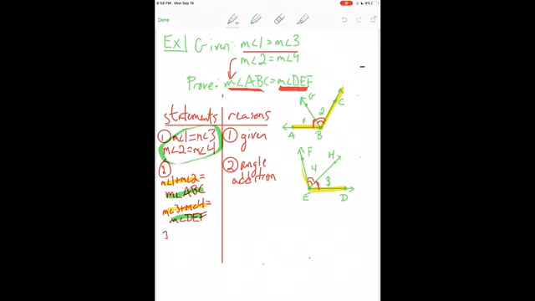All right, so step 3, I can say those are equal to each other. Measure angle 1 plus measure angle 2 is equal to measure angle 3 plus measure angle 4. And what's my reason for that? Well, I'm adding these two together, right?